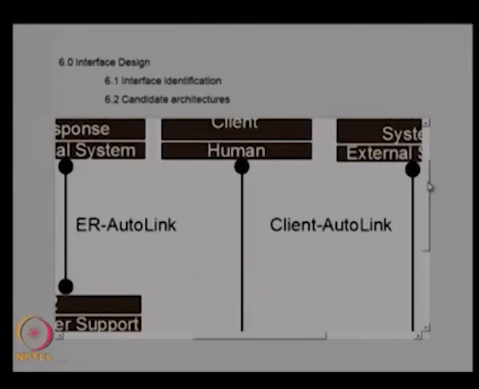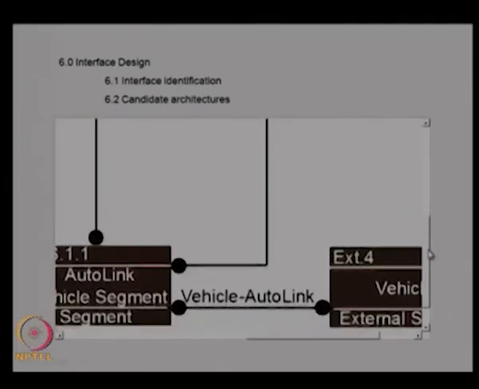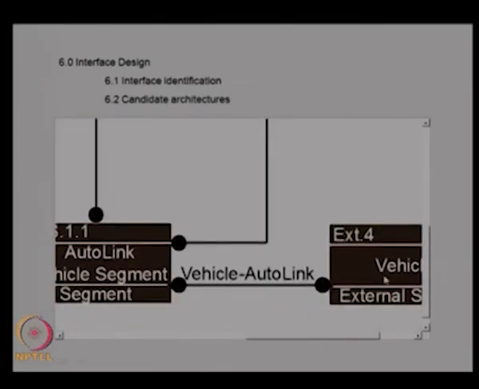Then you have the external system, the GPS, and the Autolink as an interface, and the vehicle and the Autolink vehicle segment as a vehicle Autolink interface. So, like this we can identify many interfaces, and then for interfaces we can identify the candidate architectures for each interface, where we can go for wired interfaces or wireless interfaces that can be determined and incorporated in the design.